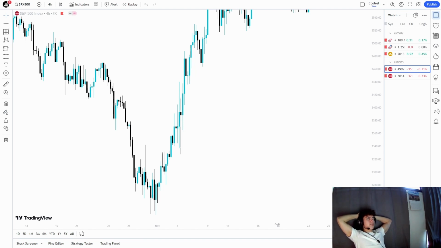Fair value gap, I'd say it's a little bit harder than order block to understand. Obviously, it depends on the person, but it's actually easier than you think. Just study, backtest, do everything you need to learn it and the whole strategy.